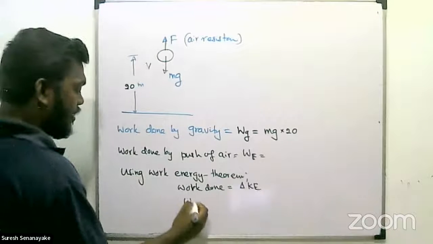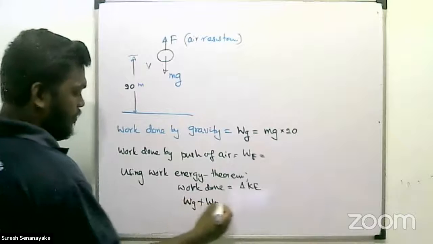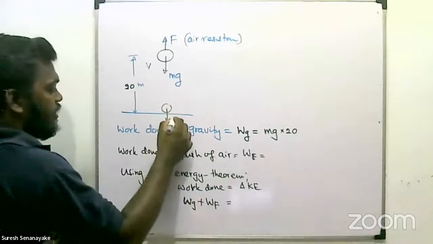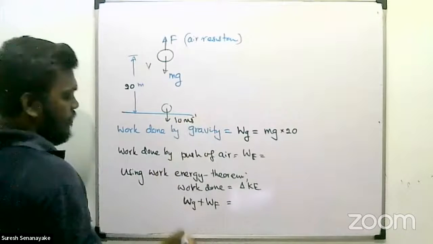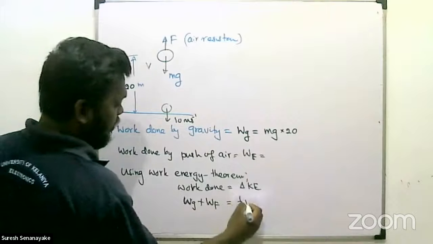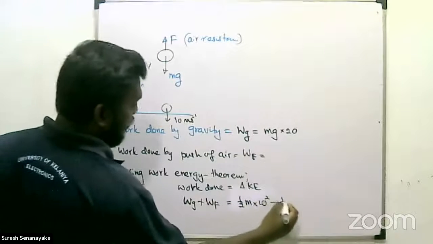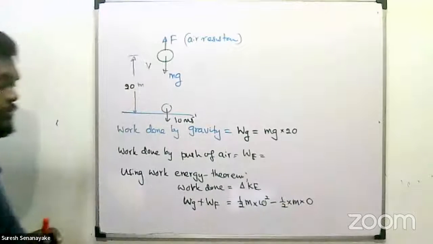Total work done is work done by gravity plus work done by the push of air. And for the kinetic energy change, the question gives that it reaches a velocity of 10 meters per second. So half m 10 square minus, initially it's dropped from rest, so 0 velocity.